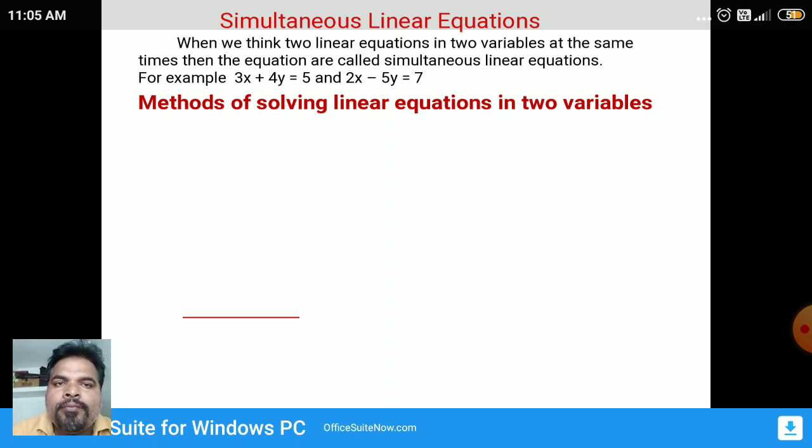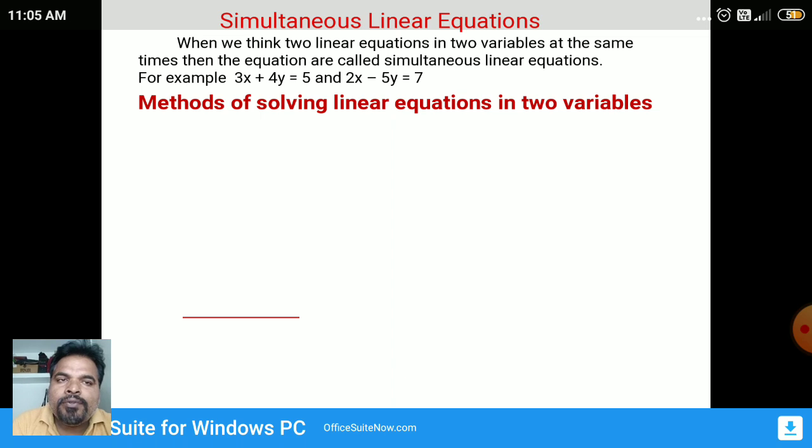For example, when we think about these two equations, 3x plus 4y is equal to 5 and 2x minus 5y is equal to 7, then these two equations are called simultaneous linear equations.